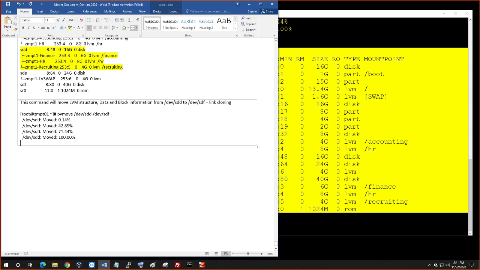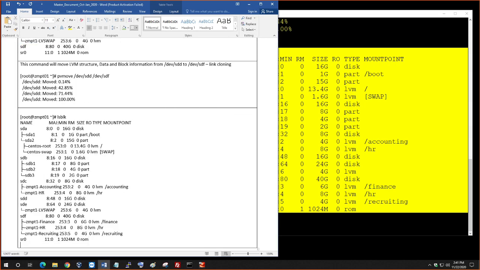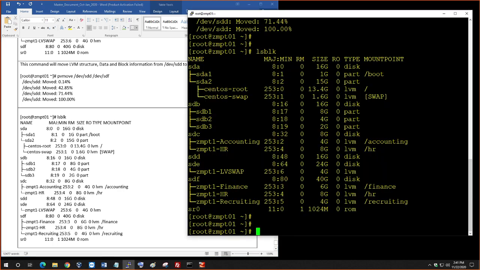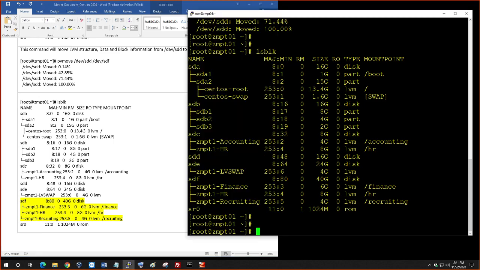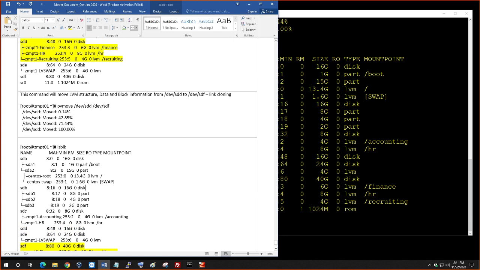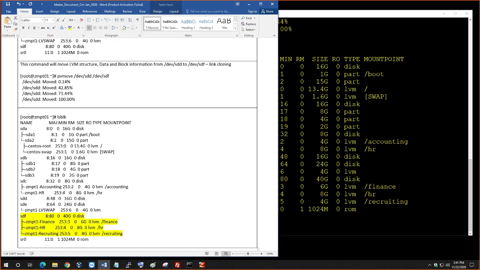Okay, I'll tell you what else got transferred in there. If you look closely here, all the information got transferred here. At the same time, it has also mounted it. The mounting of the drive was done too.